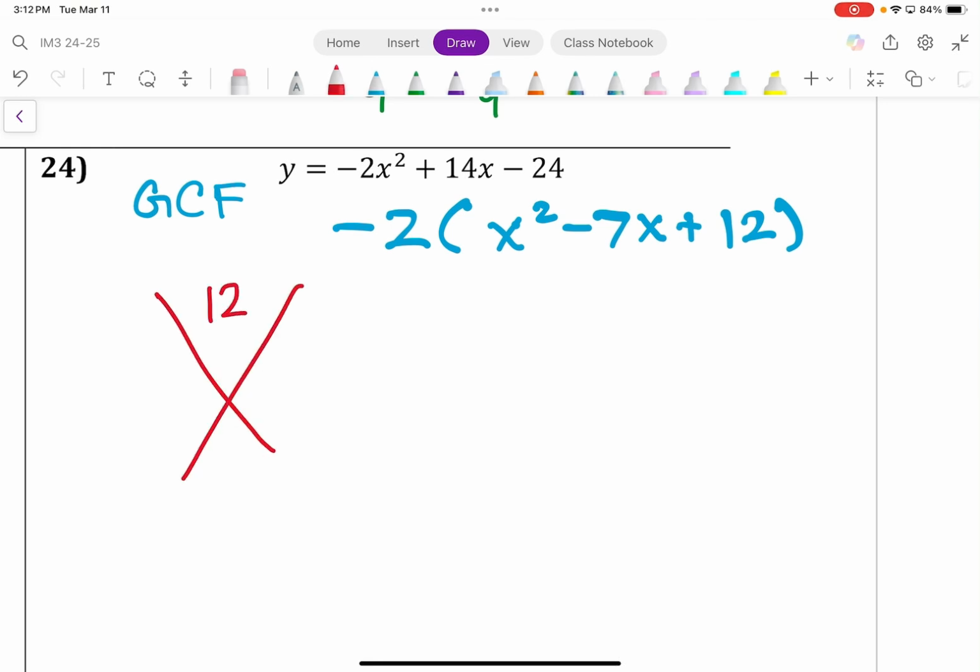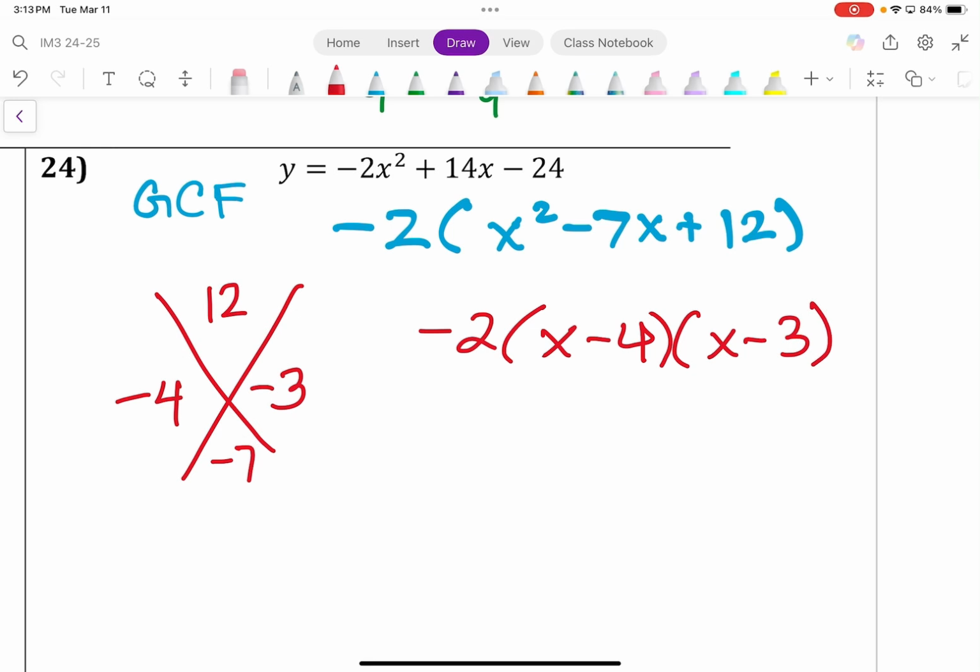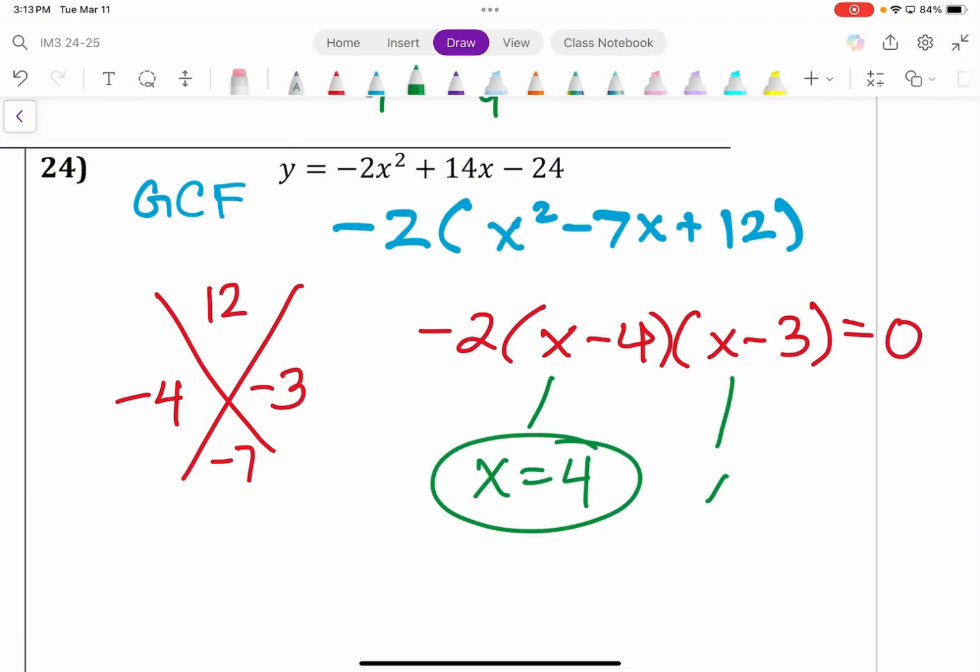So throw the 12 on the top, negative 7 underneath. The two numbers that multiply to 12 and add to negative 7 are 4 and 3, both negative. So negative 2 times x minus 4 times x minus 3, set that equal to 0. And that means that x has to equal 4 and x has to equal 3.